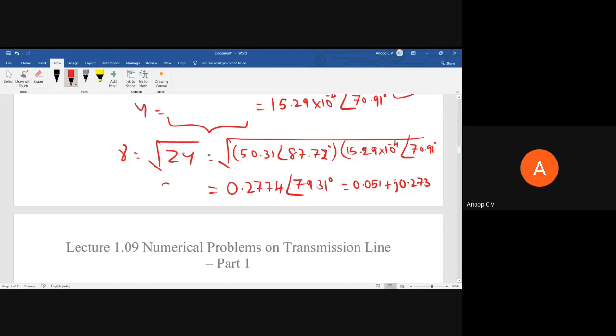Please verify whether we are getting this gamma. This is in polar form and this is in Cartesian form.